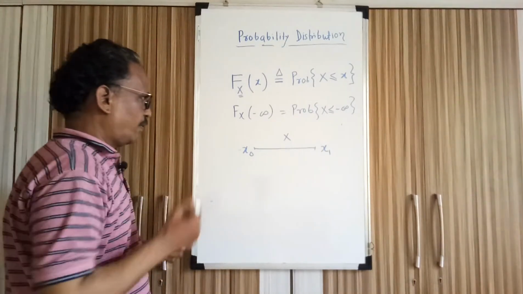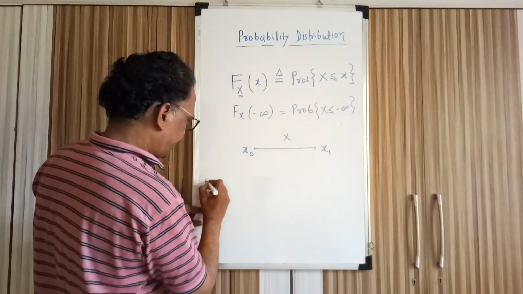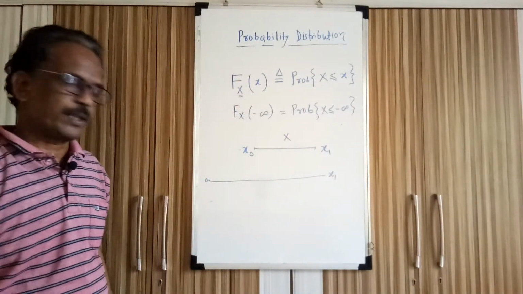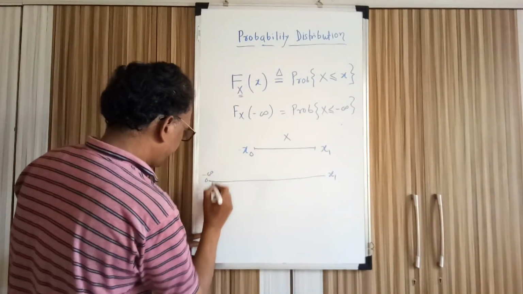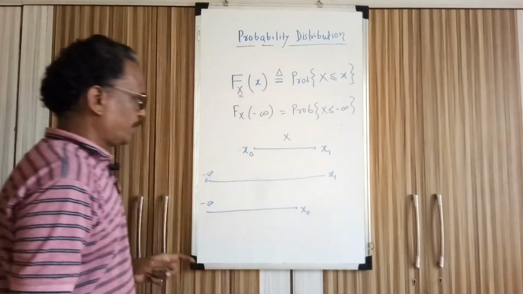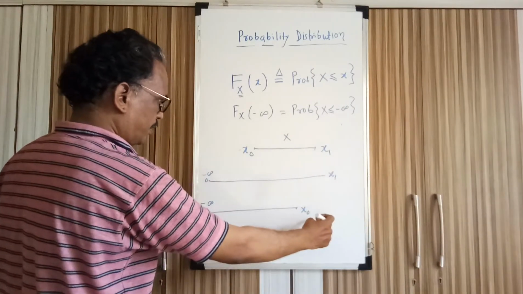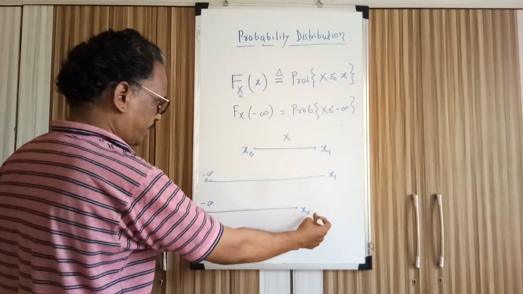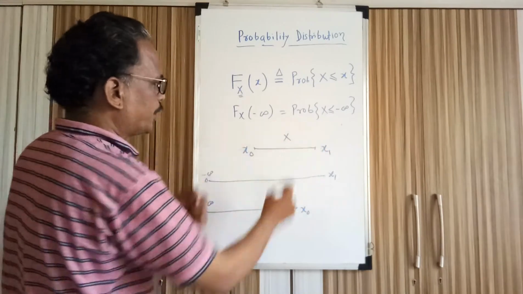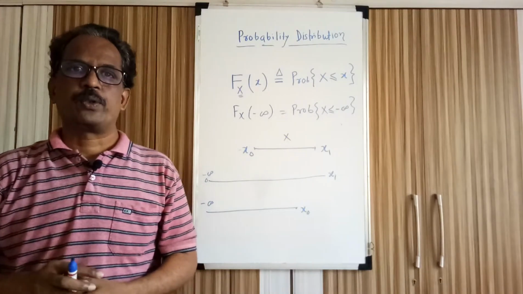See, I will take one segment from minus infinity to x1, and another segment from minus infinity to x0. If I find the distribution function of the first and subtract the distribution function of the second, then I will get the distribution function of the random variable taking values between x0 and x1.